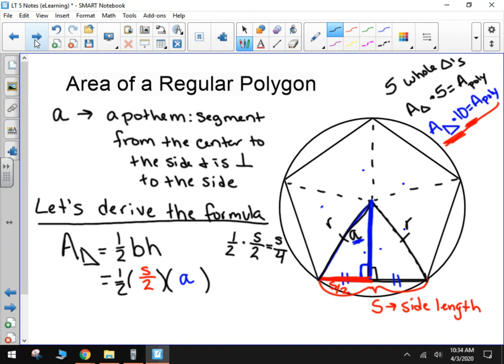Now, one thing you guys should know is I could pull that S out of the fraction just like that. Okay, whatever is on the top of a fraction can be pulled out and multiplied like that. Okay, and I'm going to do that just to be simplified, okay, so that my S isn't in a weird spot. So I'm going to have 1/4 times S times A, my apothem. So my side length times my apothem.